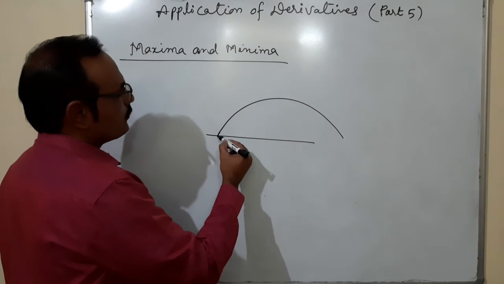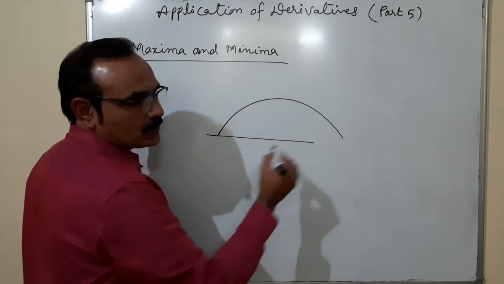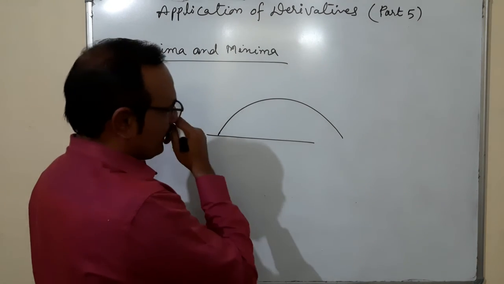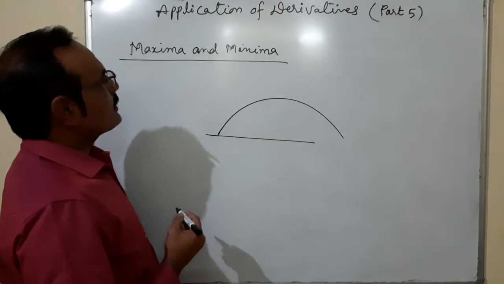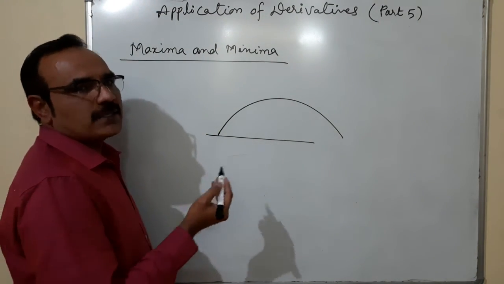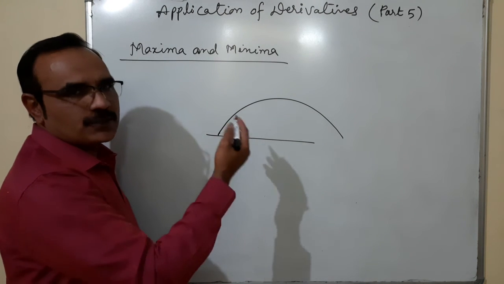It goes up, attains a maximum height, and then comes back to the ground. That is the parabolic shape. So whenever we discuss maxima or minima, that means the maximum height or minimum height. This concept is based on this only.